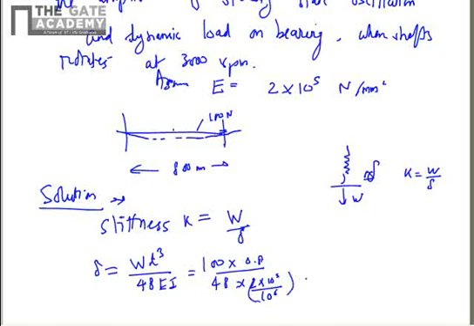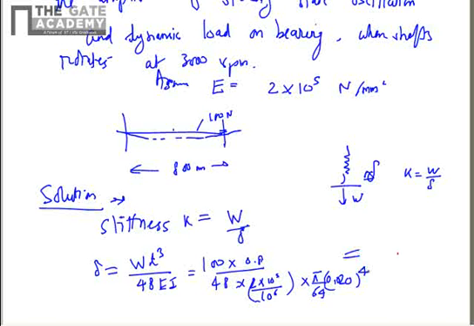and I of the shaft, which you have to calculate for a cylindrical body, is pi by 64 d to the power 4, where d is 20 mm, so 0.02 in SI units. This is I for the shaft.